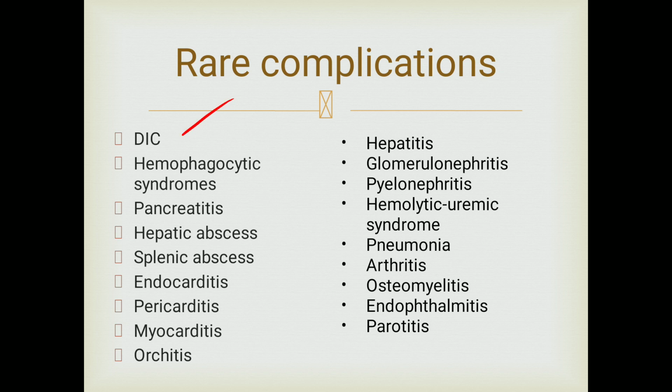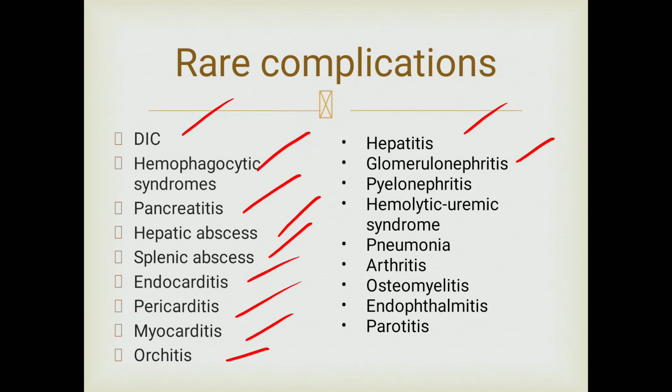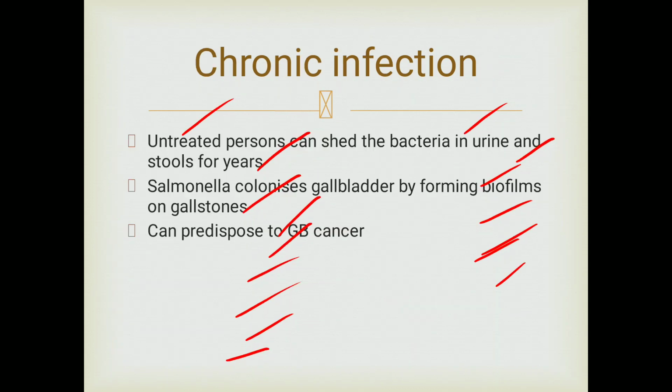It can induce disseminated intravascular coagulation, hemophagocytic syndromes, pancreatitis, hepatic and splenic abscess, pancarditis, endocarditis, pericarditis, myocarditis, arthritis, hepatitis, glomerulonephritis. It can involve almost all the organs if untreated. Pyelonephritis, HUS, pneumonia, arthritis, osteomyelitis, endophthalmitis, parotitis.